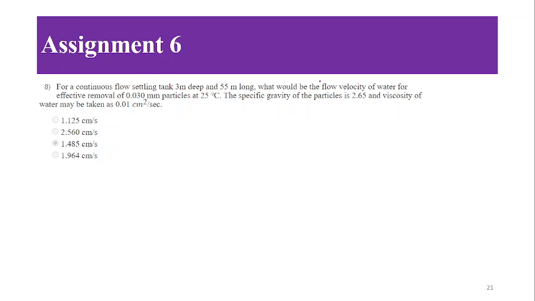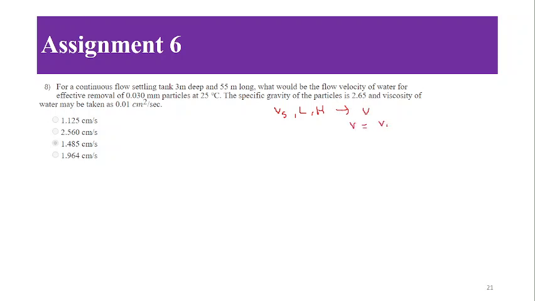We need to find out the flow velocity, and we are given the properties of the particle as well as the fluid. Firstly from there we find out the settling velocity, which is Vs. We know the length and the height. From there we can find out the flow velocity. So how do you find that out?